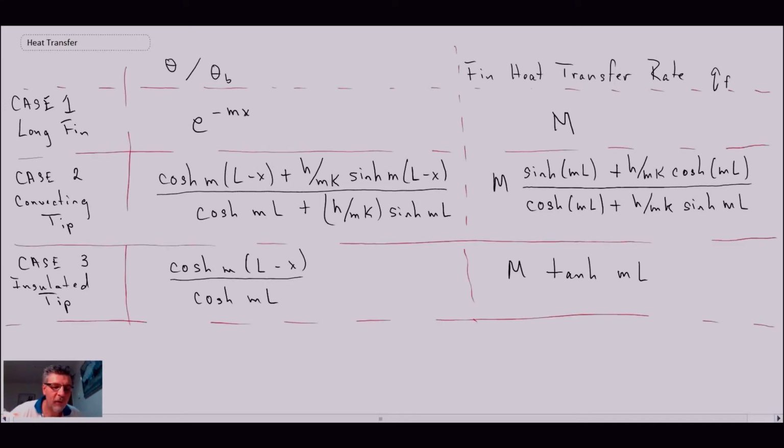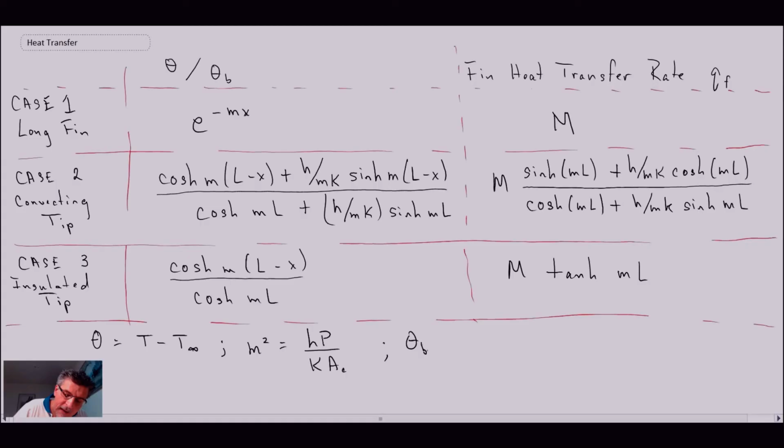Okay, so those are the results that you get when you put in the boundary conditions and solve for C1 and C2. And in here, we have a lot of hyperbolic sines, cosines, and tans. But recall theta was T minus T infinity. We said m squared was hP divided by kAc, with the convective heat transfer coefficient, perimeter, thermal conductivity, and cross-sectional area of the fin.